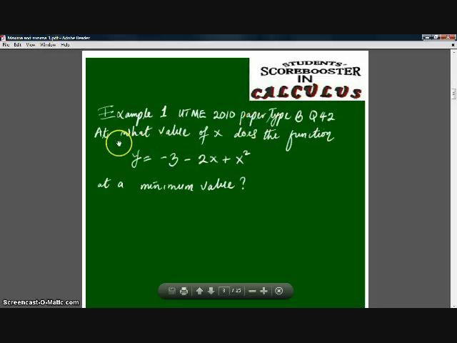The question is, at what value of x is the function y equals minus 3 minus 2x plus x squared at a minimum value? That is the question. So let's see how we are going to solve this one.